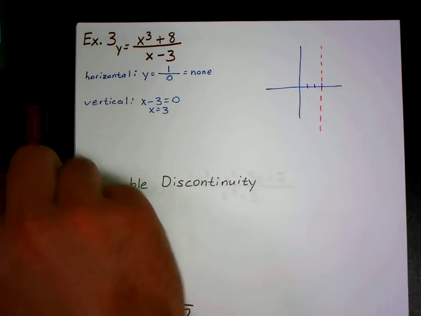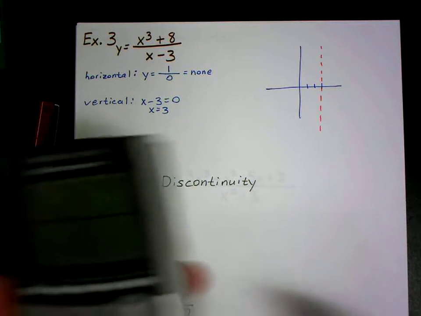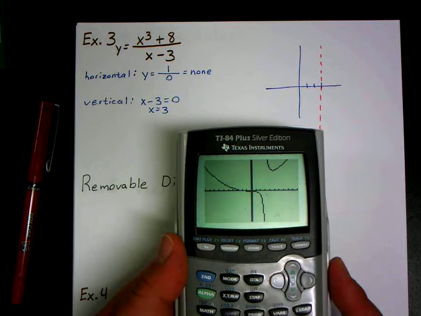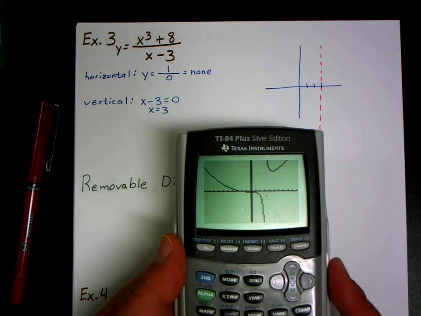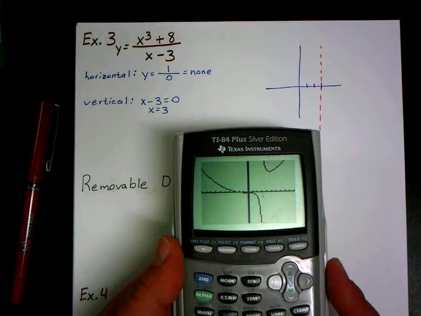So that's what I have. So I'll let you guess on that one. Okay, that's what that one looks like. So that's what a graph with no horizontal asymptote looks like.